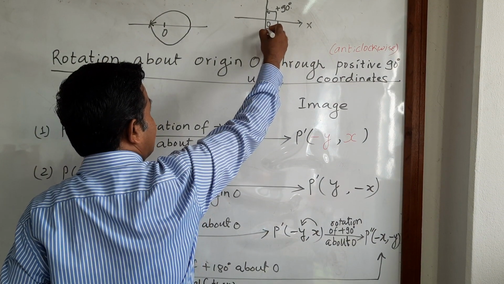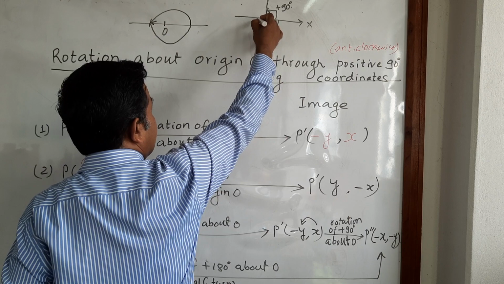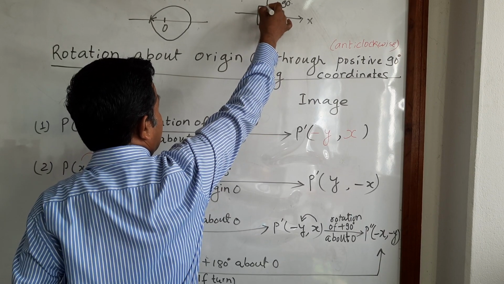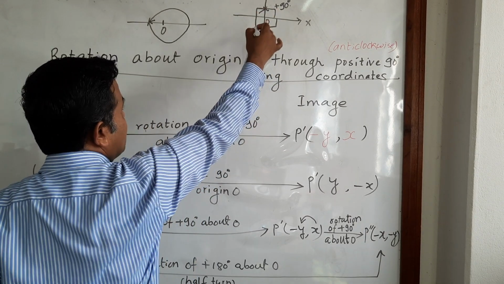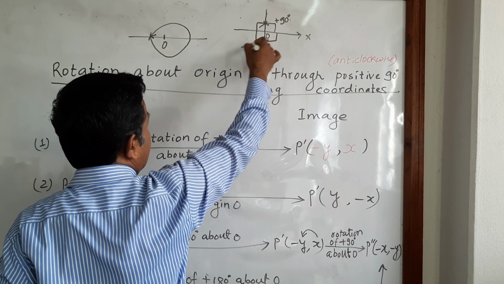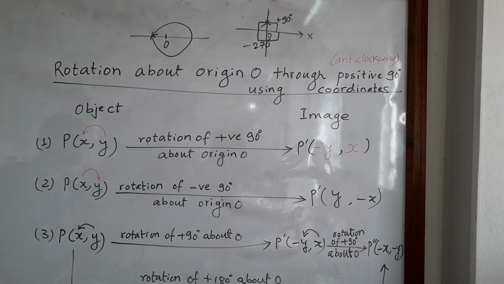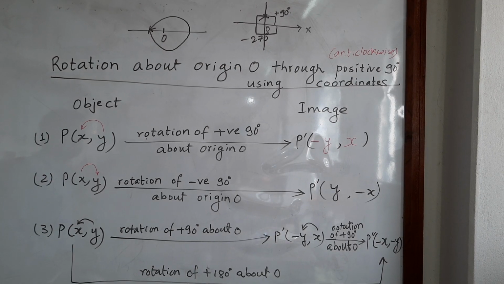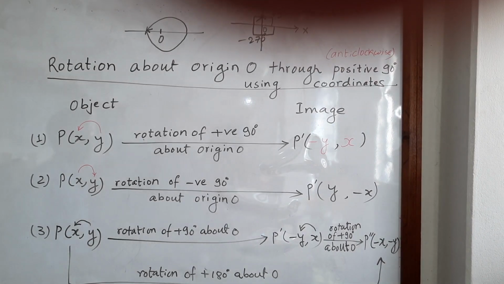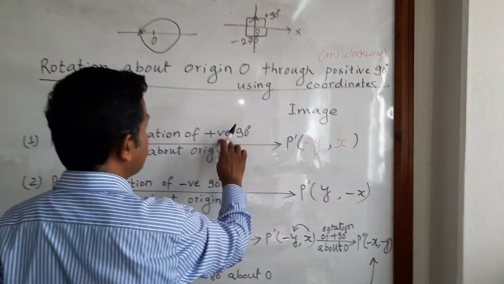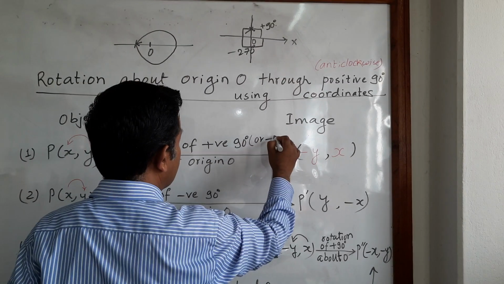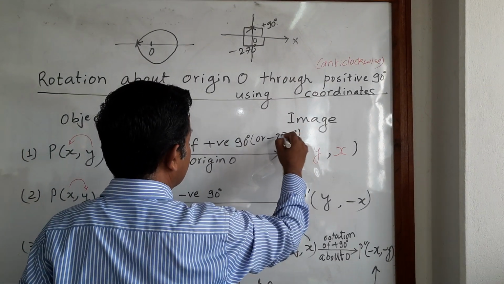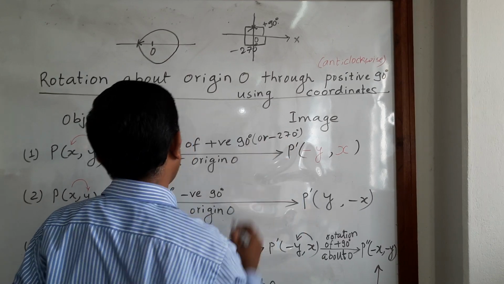So clockwise 90 once, clockwise 90 twice, clockwise 90 thrice. So that is 270 degrees. So plus 90 degrees is the same as minus 270. So rotation of positive 90 degrees or minus 270 degrees is the same.